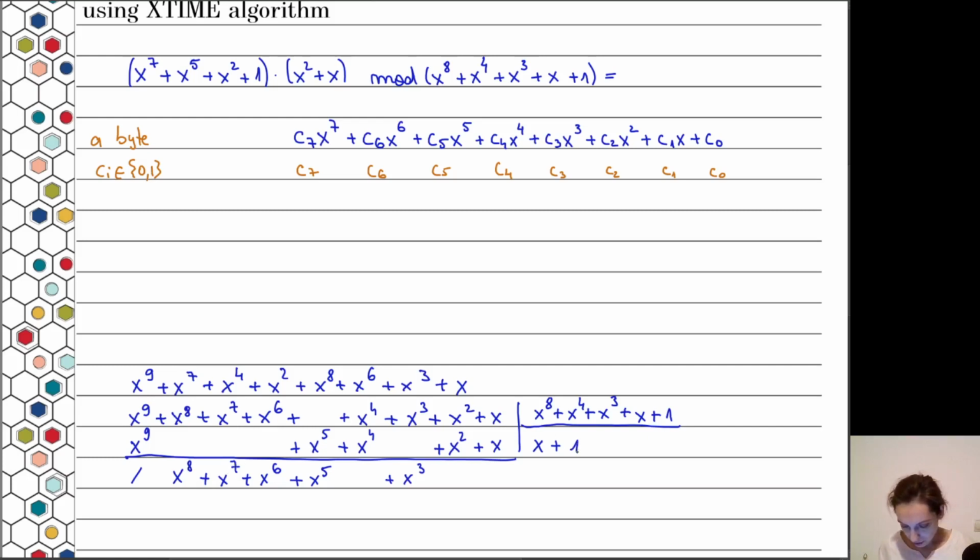So we will have here x powered by 0, which is 1. So we will have 0 plus 8, so we will have this irreducible polynomial x powered by 8 plus x powered by 4 plus x powered by 3 plus x plus 1.